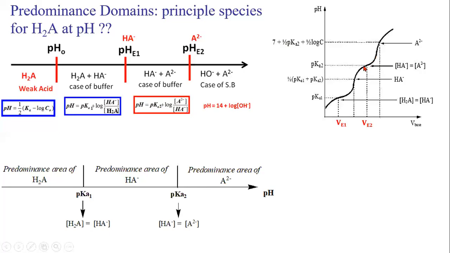If I go backwards, as I get more acidic, I'm going to get more HA minus. Here in this area, pKa1. As my pH becomes higher, okay, than pKa1, here's my pKa1.